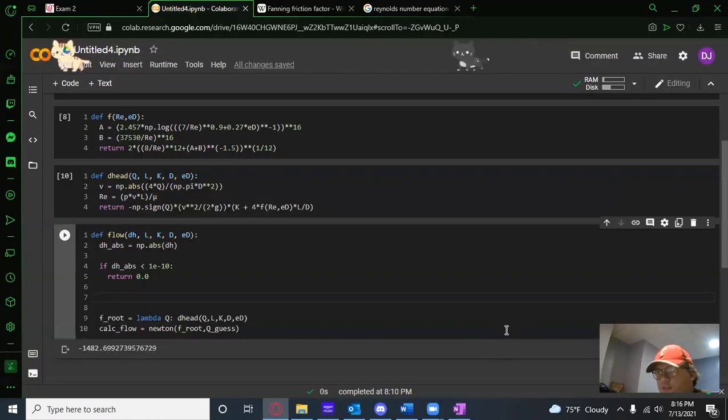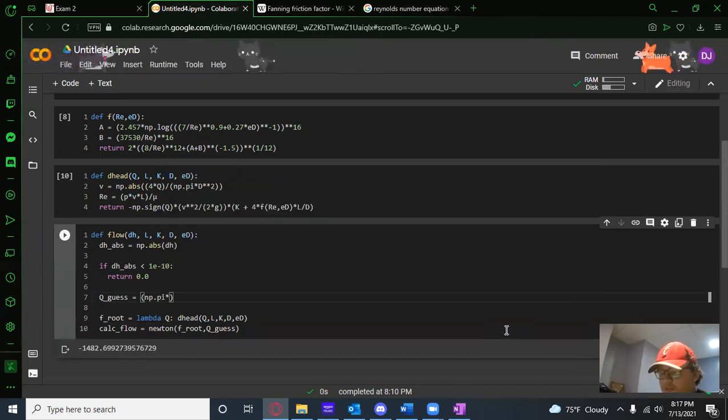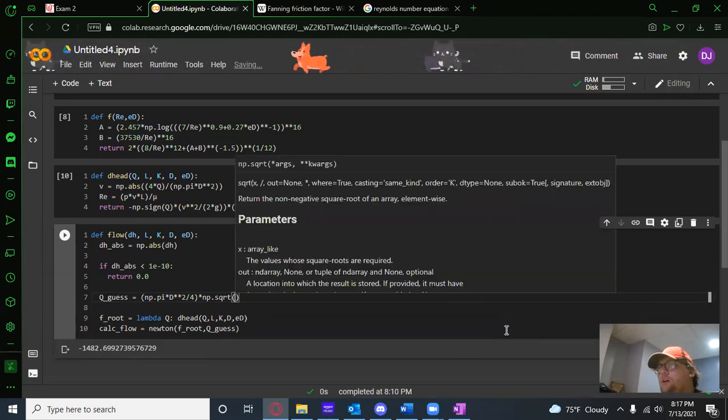So basically Q guess is equal to np.pi times diameter squared over 4 multiplied by the square root of, let me pull up one minute again.